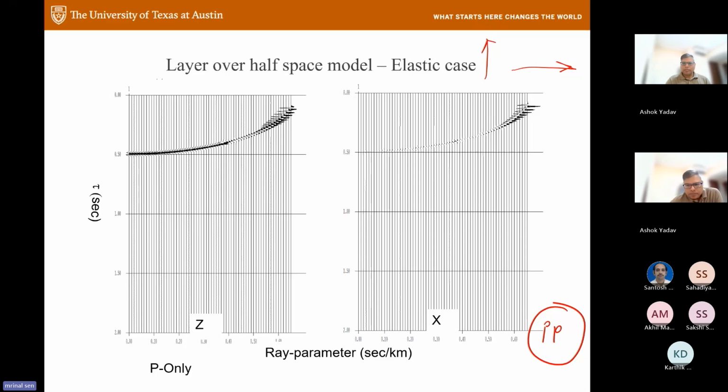That is why you see that at small p values, the horizontal response is very, very small, but at very large p, you're seeing some significant amplitude in the horizontal component.